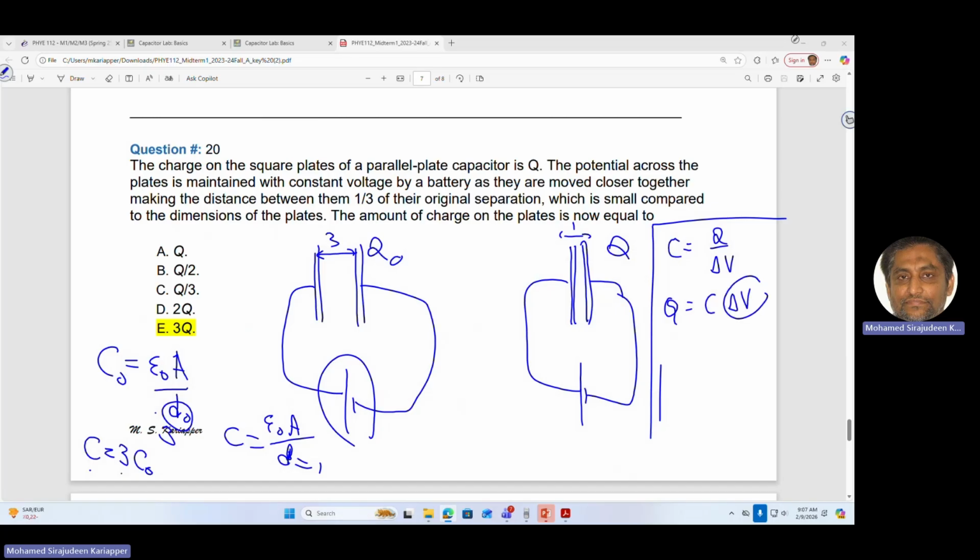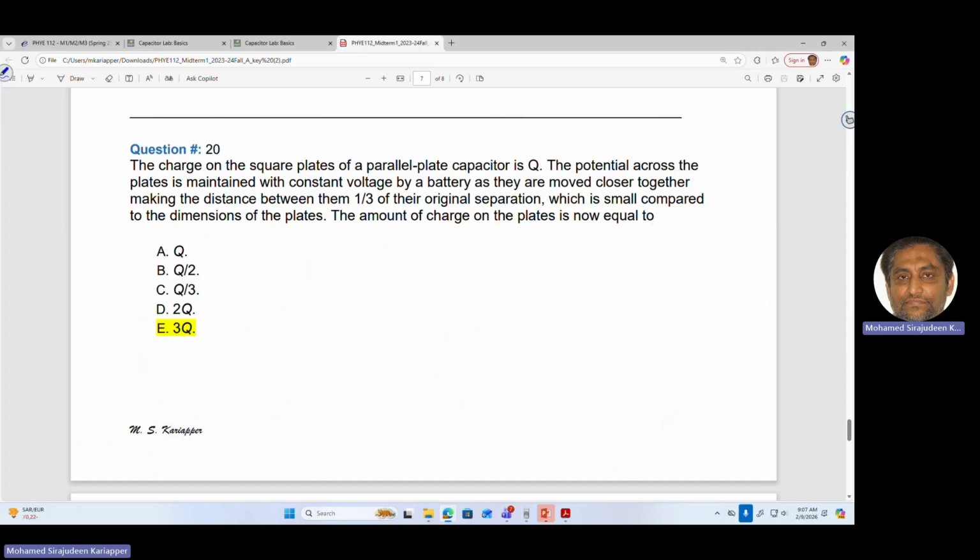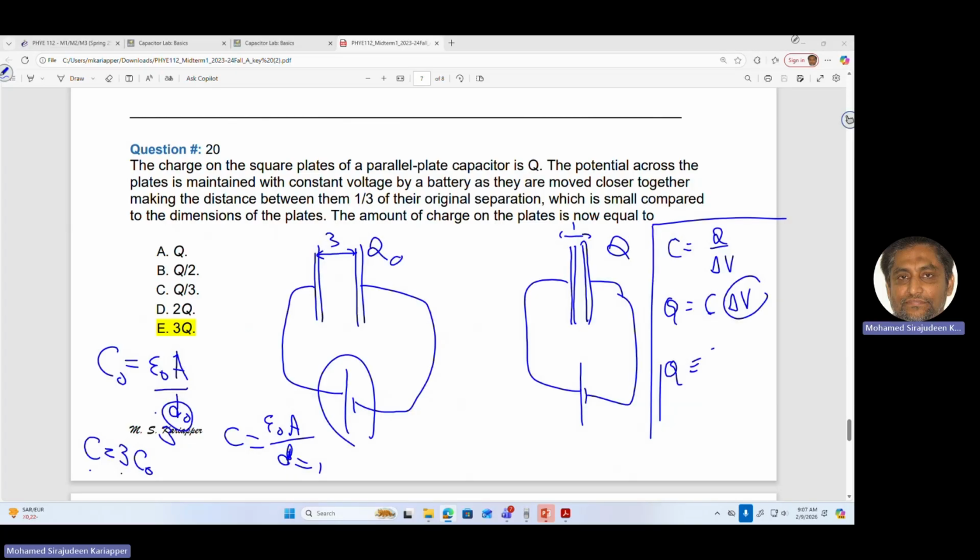It's the same battery. So if C is 3 times higher, Q will be 3 times. This is Q0, C0, so the new Q will be 3 times C0 delta V, the same. So Q will also be 3 times larger than before.